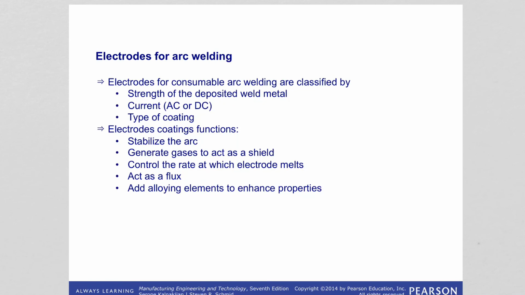So if you check your book, your Table 30.3, just giving you general information that you might need in the future, you're going to see electrodes are identified by numbers and letters, and it will have information about the strength of the weld metal.